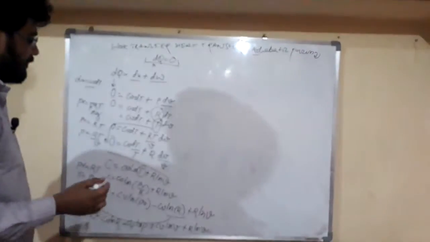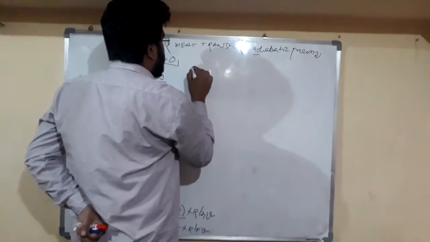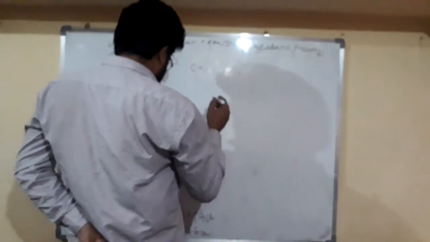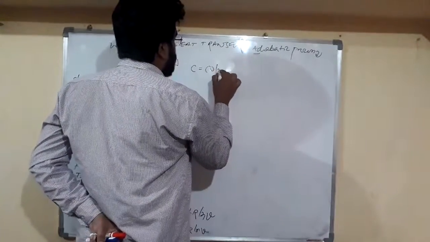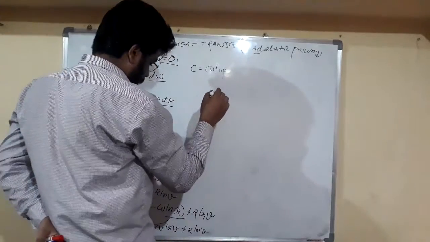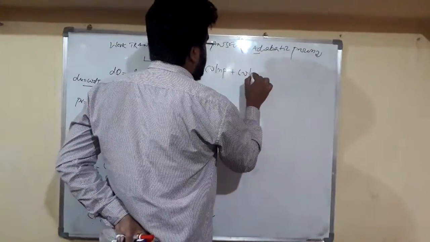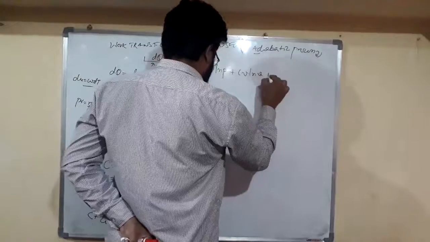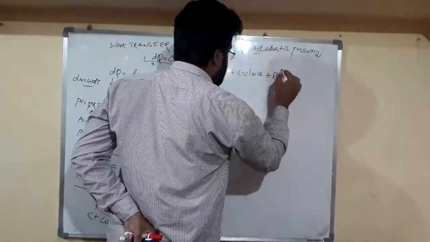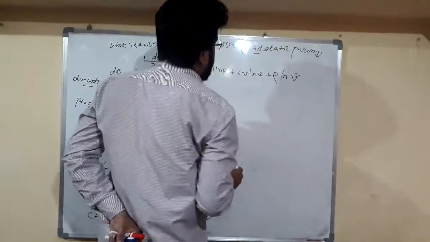We can write it as this friends. Now I am writing here c plus cv ln r is equal to, friends, this is constant again, and it is cv ln p plus cv ln v plus r ln v.